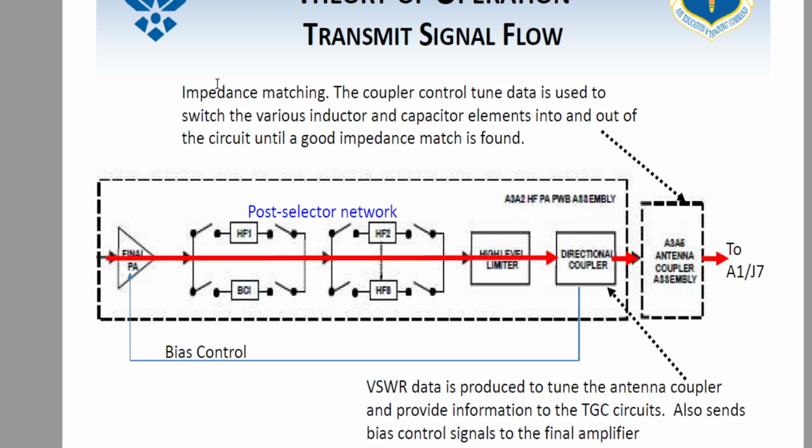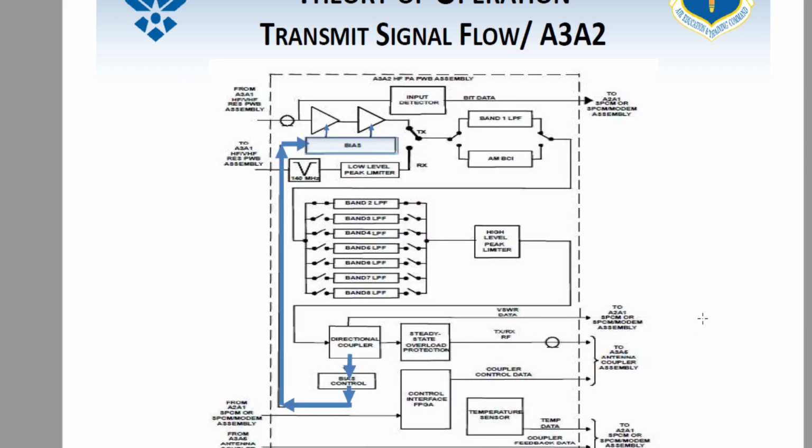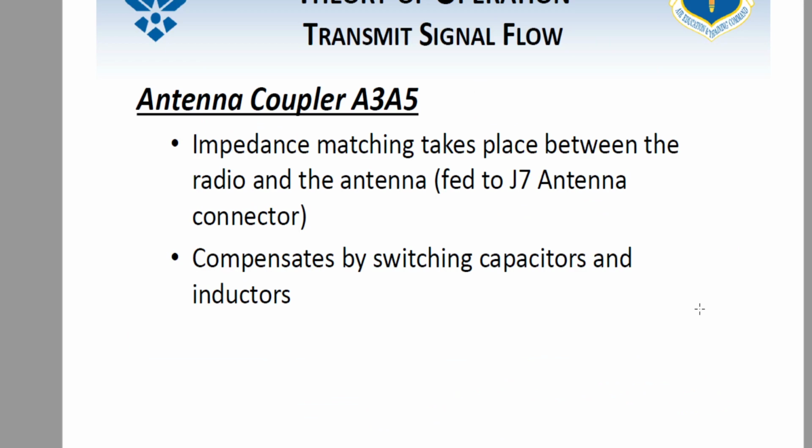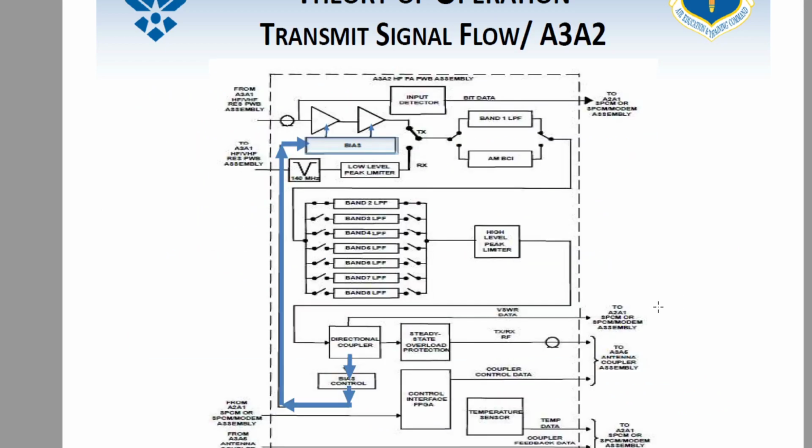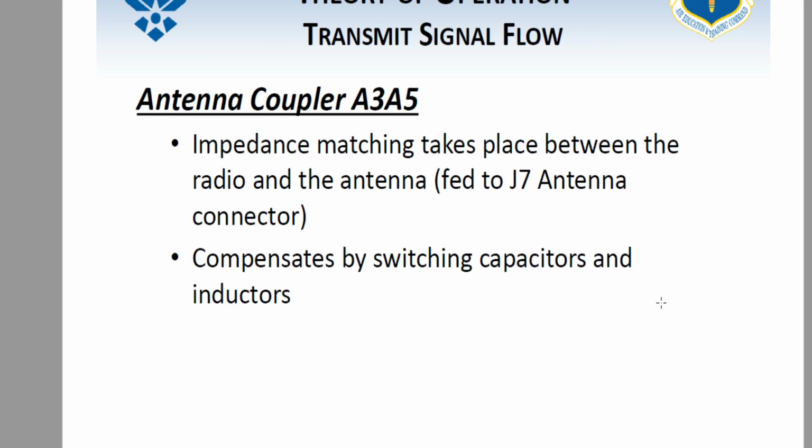Yes, that's correct. So that's why the directional coupler does that. So it does that by using the various inductors and capacitors. That's how it does that. Right. So impedance matching is important. It's our resistance. The $10 word for impedance is resistance.